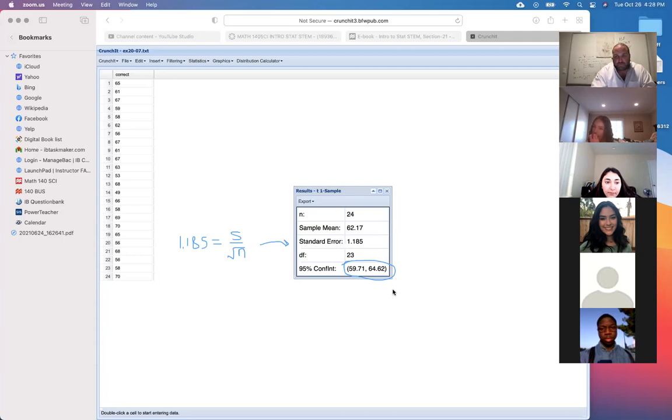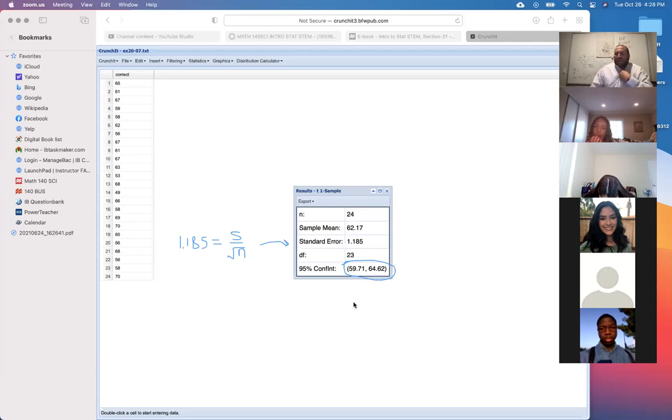It means the true percentage of young adults who can correctly predict the taller of a pair of people based upon the sound of their voice. We are 95% confident that that true value is between 59.71 and 64.62. Is it definitely between these numbers? No. But we're 95% confident that it is.